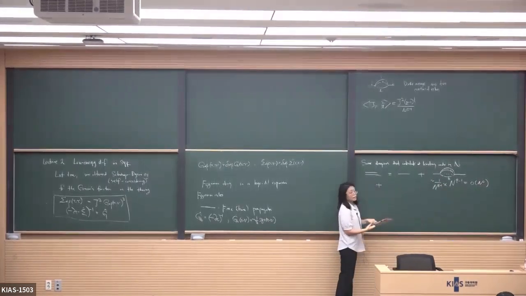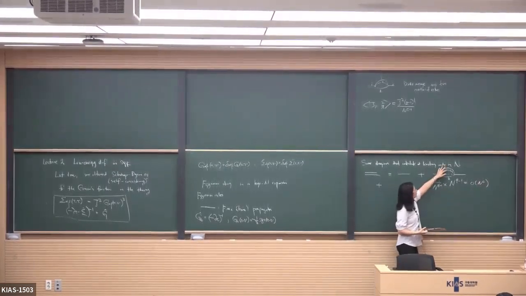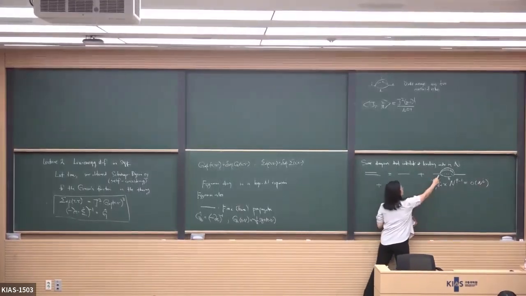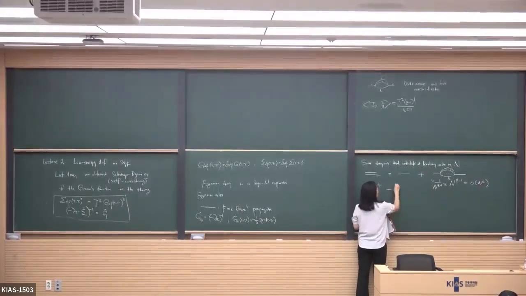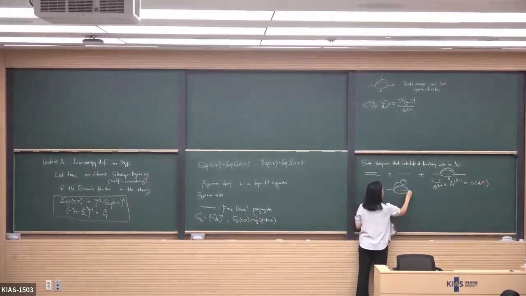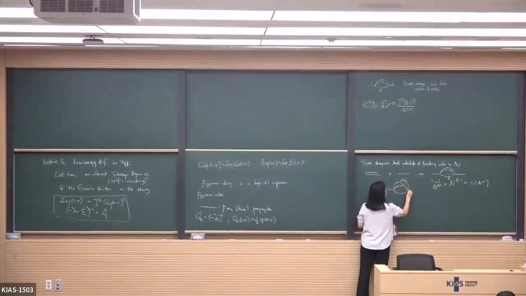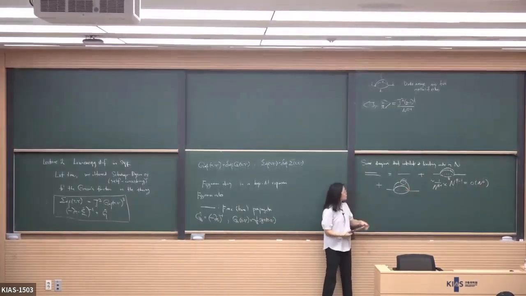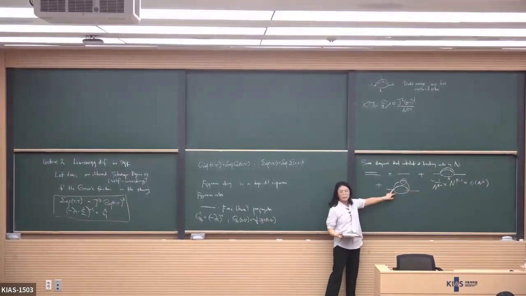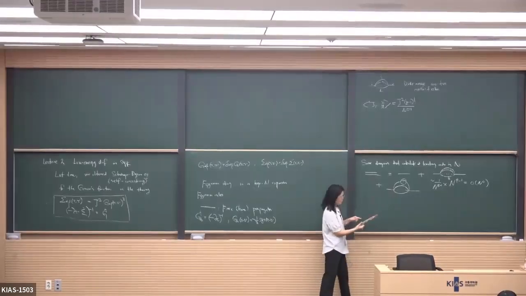And so is the next diagram that has another insertion of this interaction in one of the vertices like this. This diagram is also going to scale like, well, let's see.